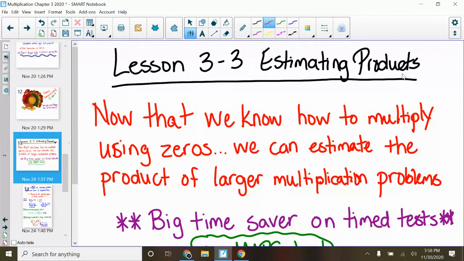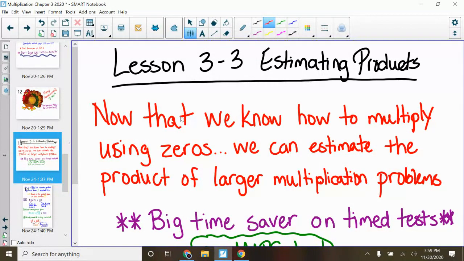It was always something that was never really fun. That front end estimation sometimes kind of rattled our brain a little bit, and it just made it a little bit tricky. But for this particular one, I feel like you're going to enjoy it and you're going to realize it's really simple, because for this particular lesson, now that we know how to multiply using these zeros, we can estimate the product of larger multiplication problems.